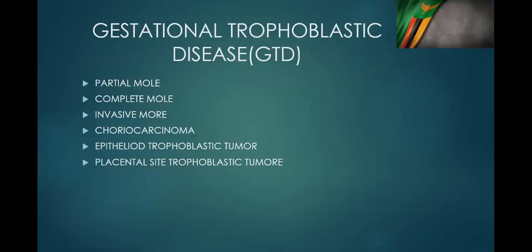So gestational trophoblastic disease spans quite a number of conditions. It's not just one condition. It's several different kinds of diseases, so to say. You have partial moles, complete moles, invasive moles, choriocarcinoma, epithelioid trophoblastic tumor, and placental site trophoblastic tumor.